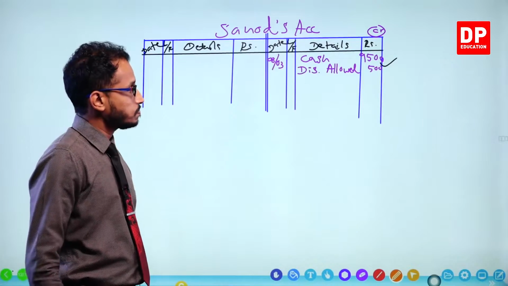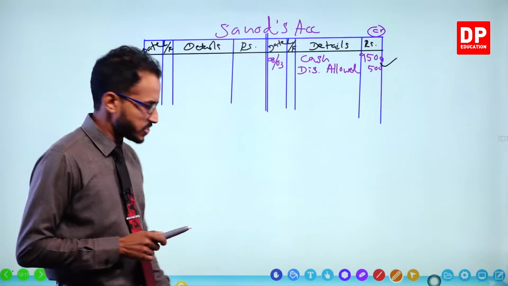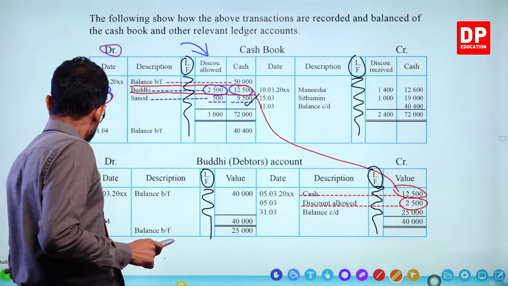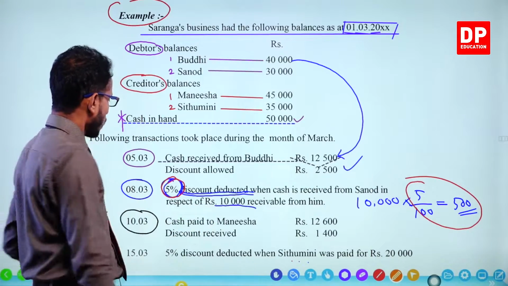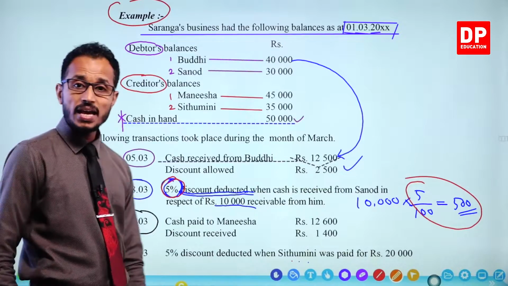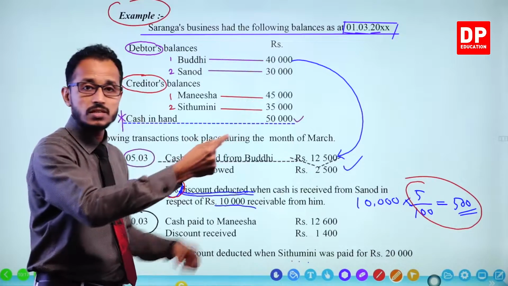Right. We'll just finish this off with the last transaction. This one. Cash paid to Manisha, 12,600. Now it is a payment, a cash payment. We are paying cash to our suppliers, right?